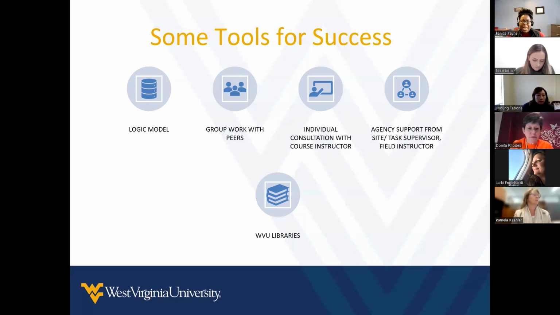And also WVU libraries. We wanted to bring this up because I think that oftentimes students aren't aware of the resources that are available as it relates to their research projects. But the WVU library has a variety of resources where you're able to meet one-on-one with librarians and sign up for a variety of workshops.